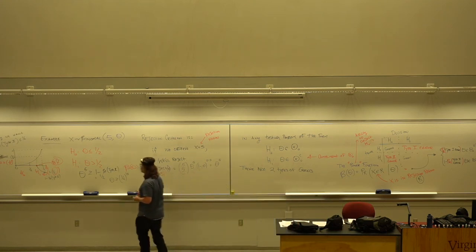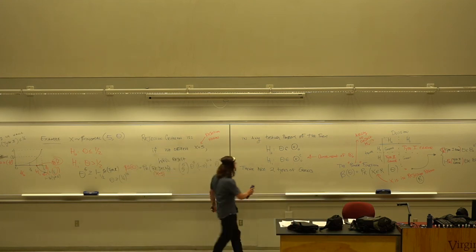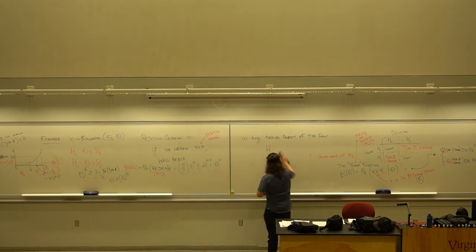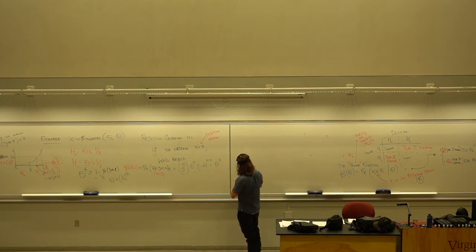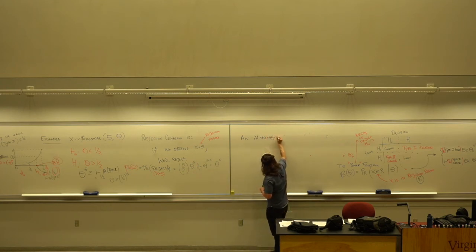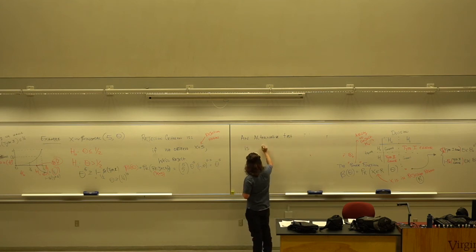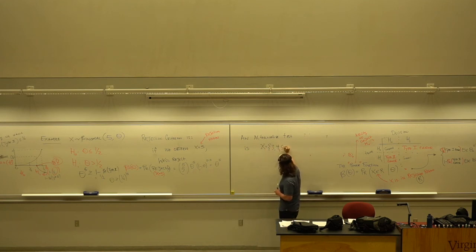Let me show you another rejection region. So let's consider a slightly different test. And we'll compare these two power functions to each other. Here's another test, and I'll say x is equal to 3, 4, or 5. I'm going to let this be the new rejection region.